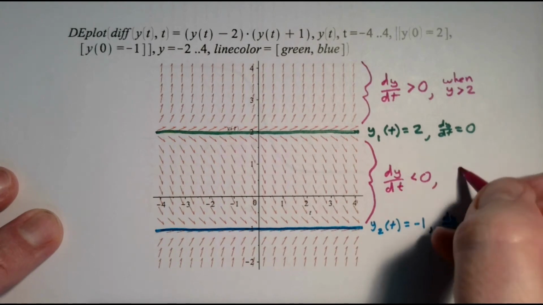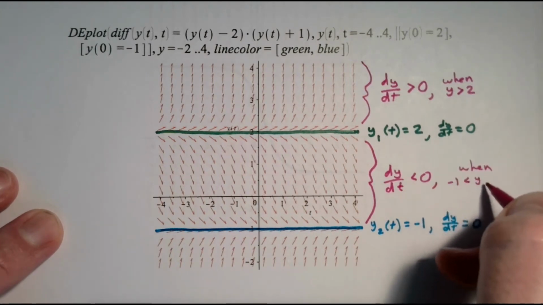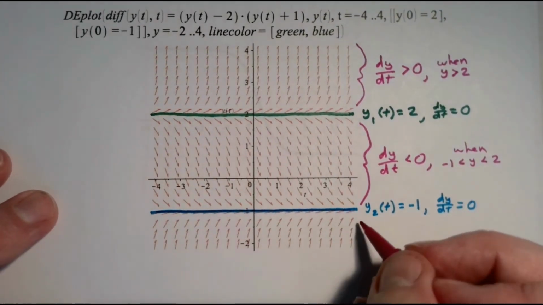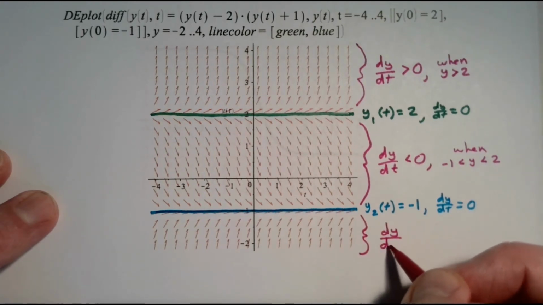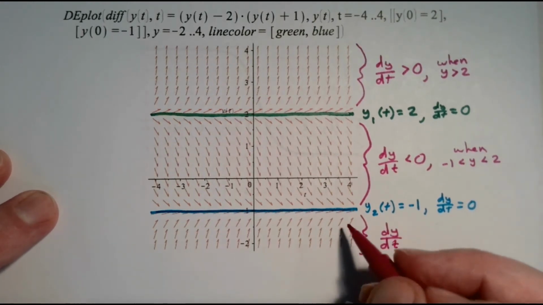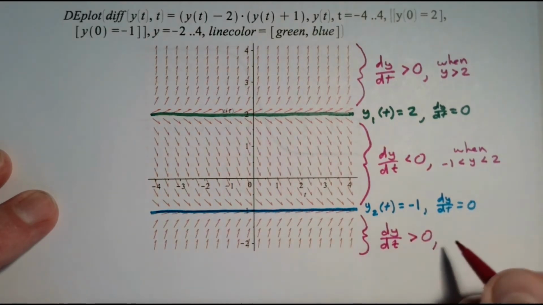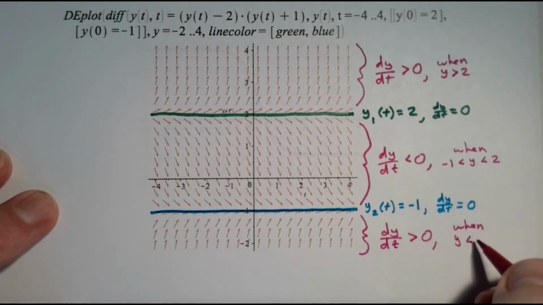That's when y is somewhere between -1 and 2. And of course, down here, everywhere that y is less than -1, you're going to have positive slope field values. So that means positive slope whenever y is less than -1.